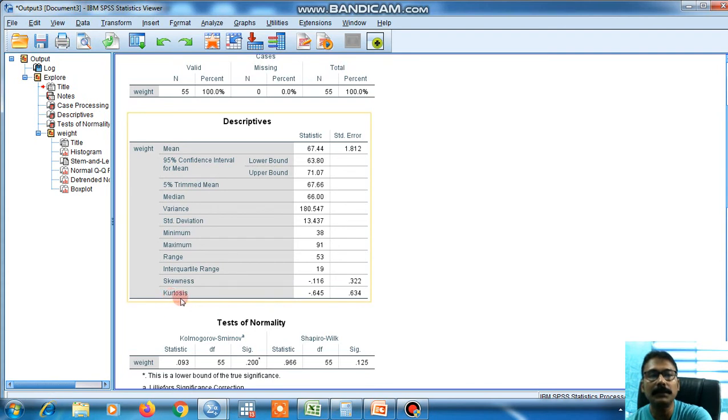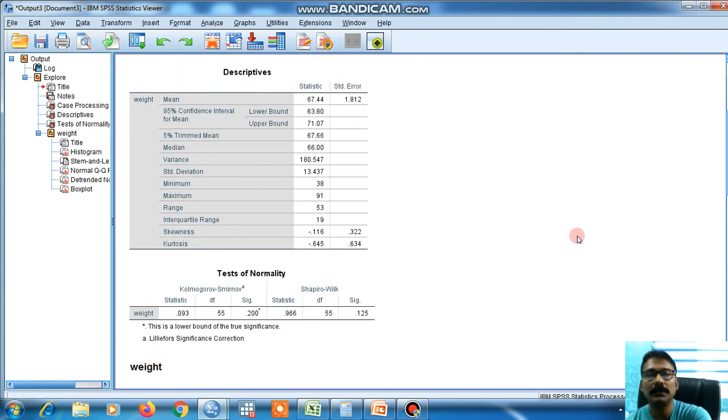Similarly, divide the Kurtosis statistic by its standard error and check whether this ratio falls within minus 1.96 and plus 1.96. If it falls within these two values, then we get a rough idea that our data is sampled from a normally distributed population.